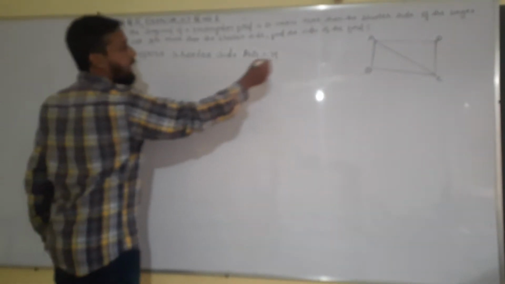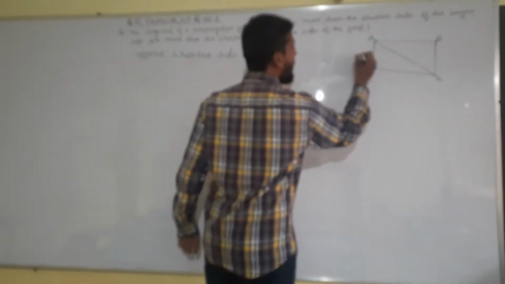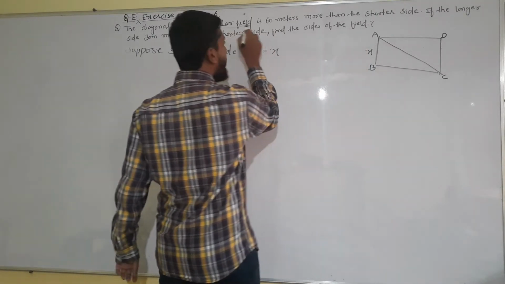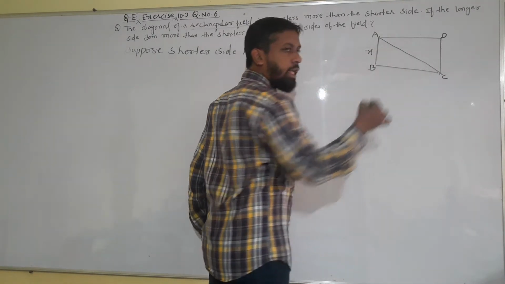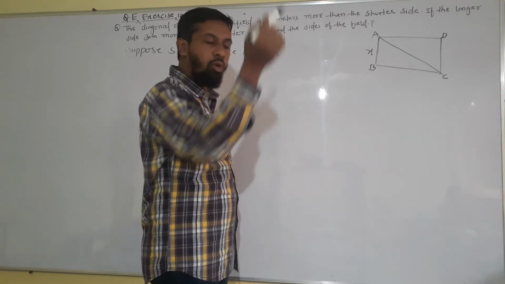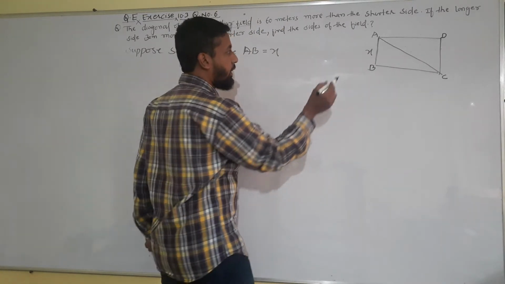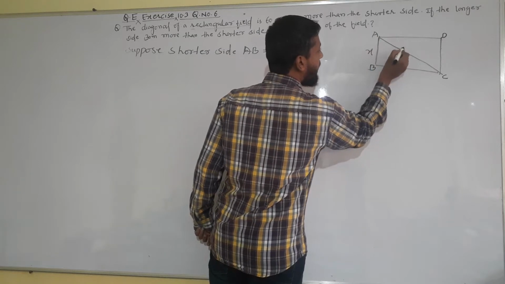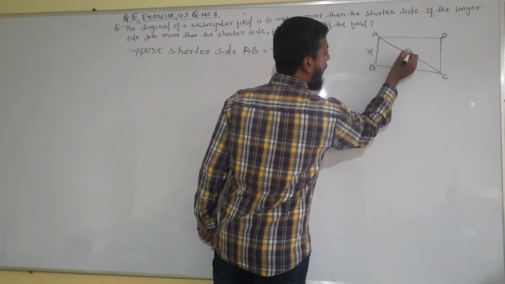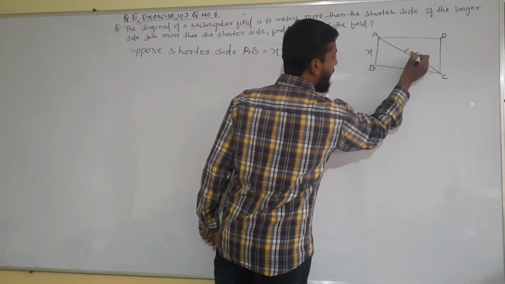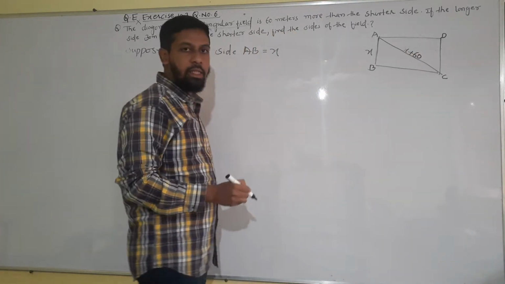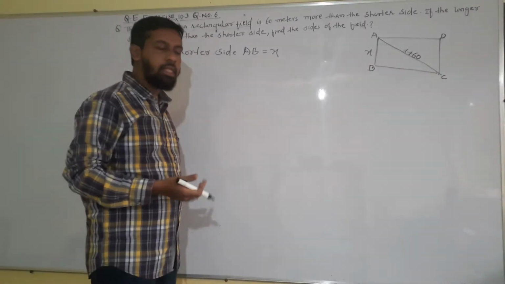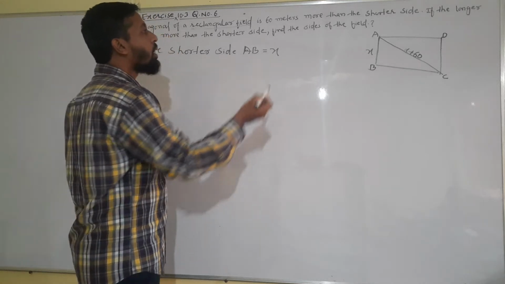If shorter side AB is x, then according to the given, diagonal is 60 meter more than the shorter side. If this is x and this is 60 meter more than this one, then this will be x plus 60. X plus 60 or 60 plus x, you can write.